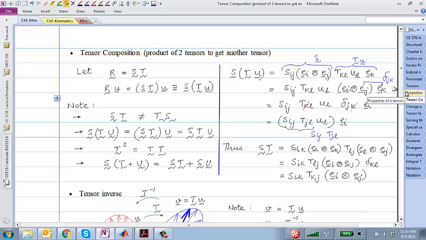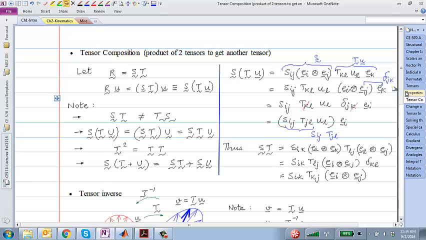Right. So the best definition of a tensor is that essentially it's a physical quantity, something like stress or strain, that acts on a set of vectors to give you another set of vectors. So think of that red sphere of arbitrary vectors, and when a tensor acts on that red sphere, it takes you to a blue ellipsoid of mapped vectors, right?